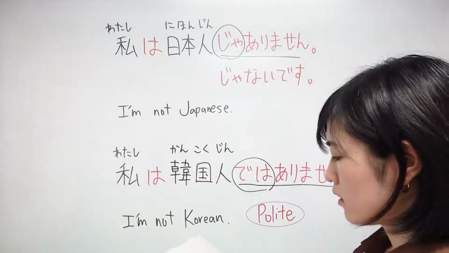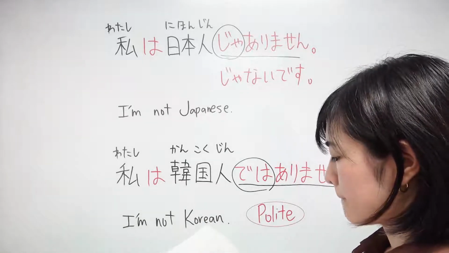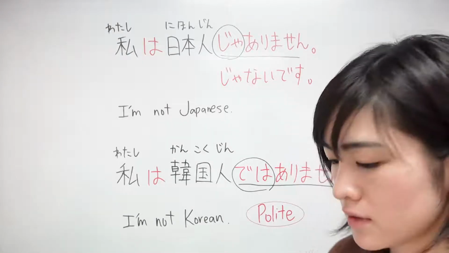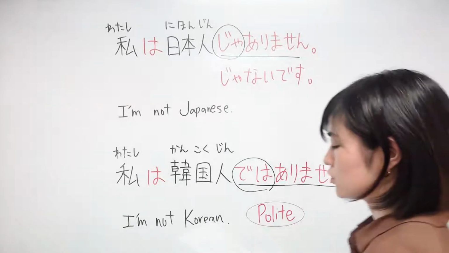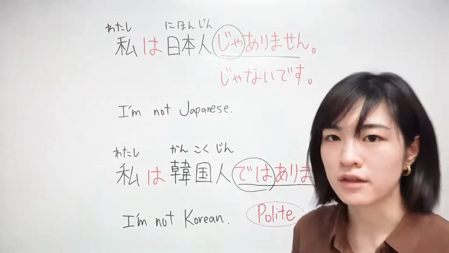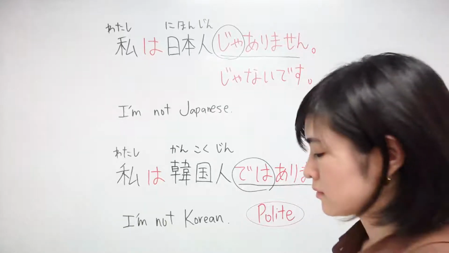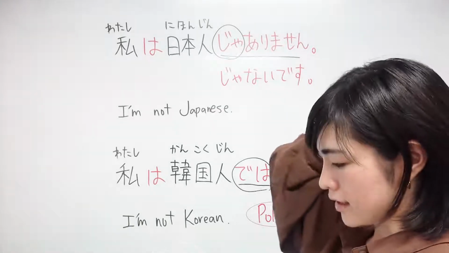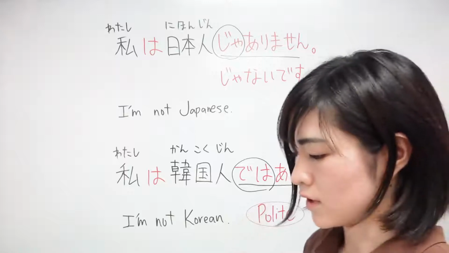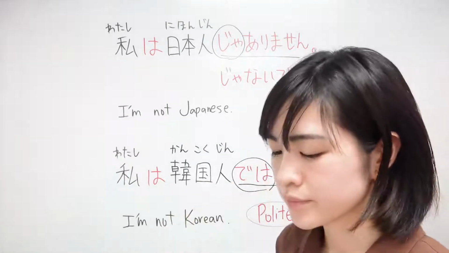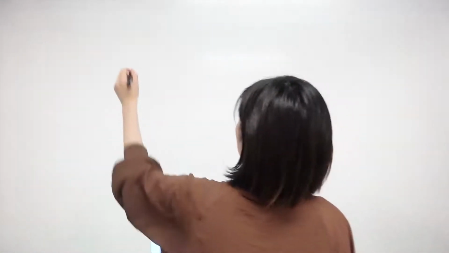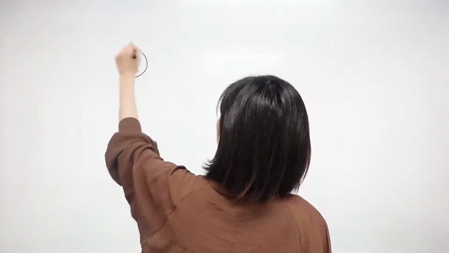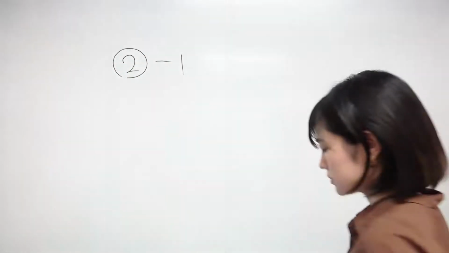So these are names of countries around the world. Kuni. Kuni, this means country. So please look at the first word on your table.